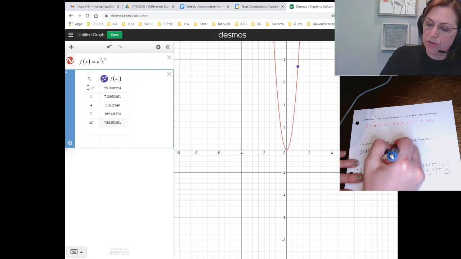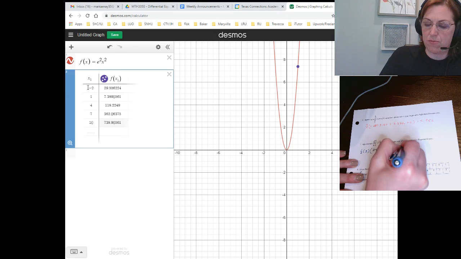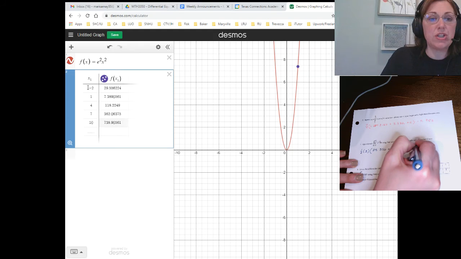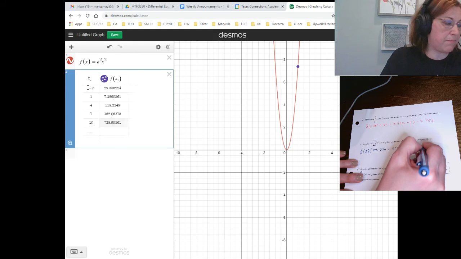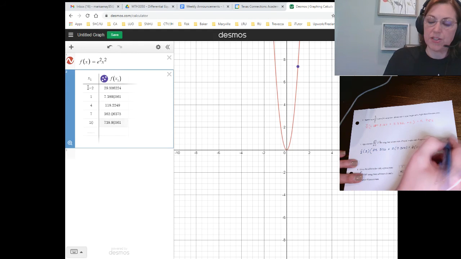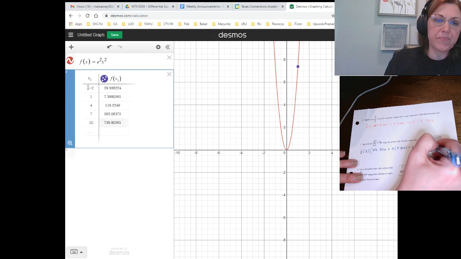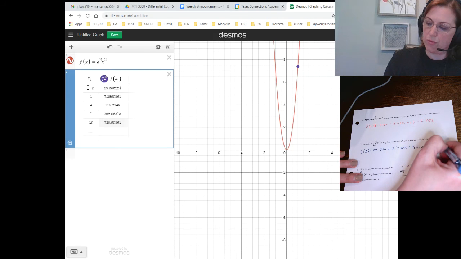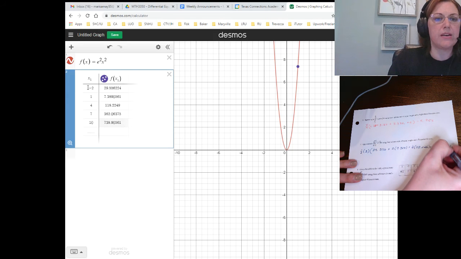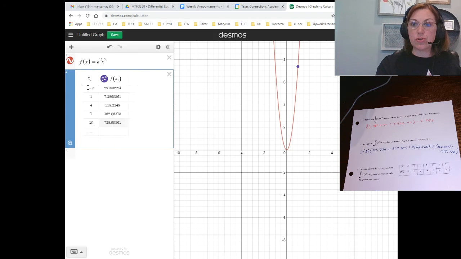So 2 times 7.389 plus 2 times 118.225 plus 2 times 362.064. And then we add the last one without doubling, 738.906. Okay, so that's your shortcut for trapezoid rule.